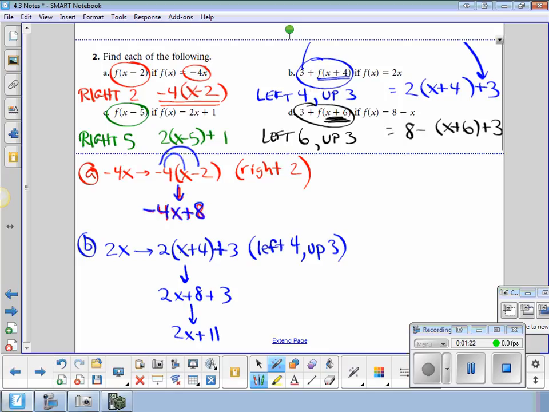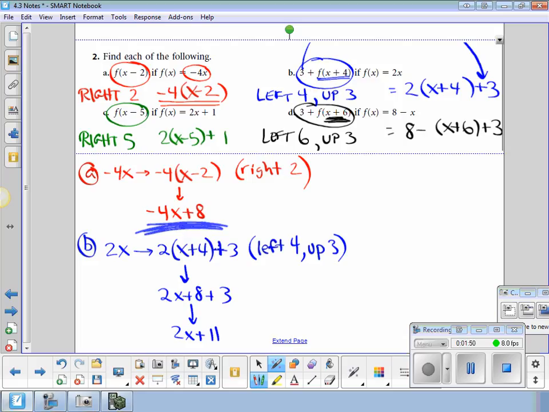So what I want to ask you is, what's another way that you could have shifted the line negative 4x instead of right 2? How else could you have shifted it and have it be the same bold line that's on the calculator screen? What other way could you have shifted it? Now it's negative 4x plus 8.